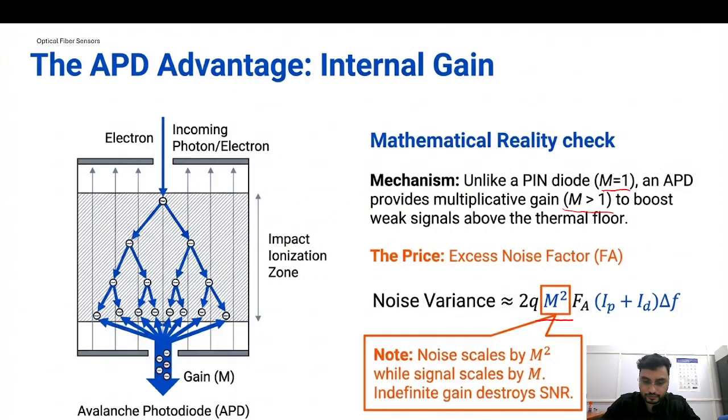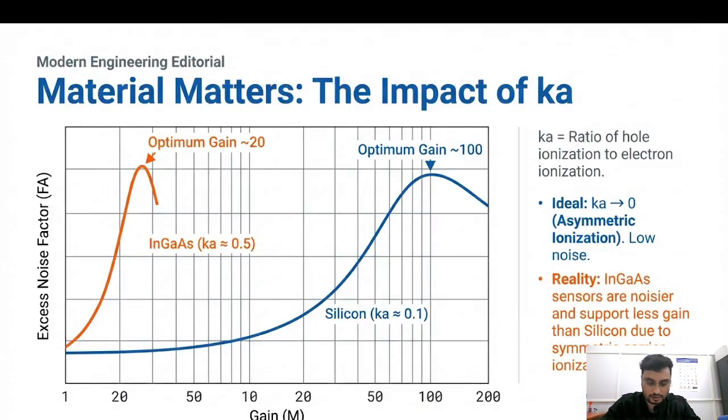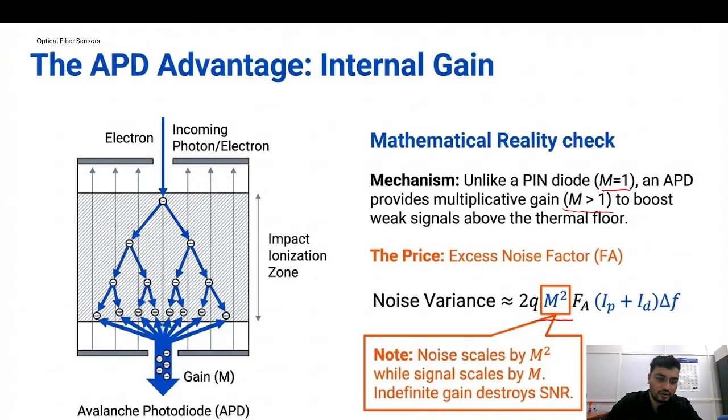As we know, if you increase the gain, the noise will also increase because of the things we discussed previously, and also because the ionization happens randomly because of the electrons. One electron hits and generates two pairs of electron and hole.